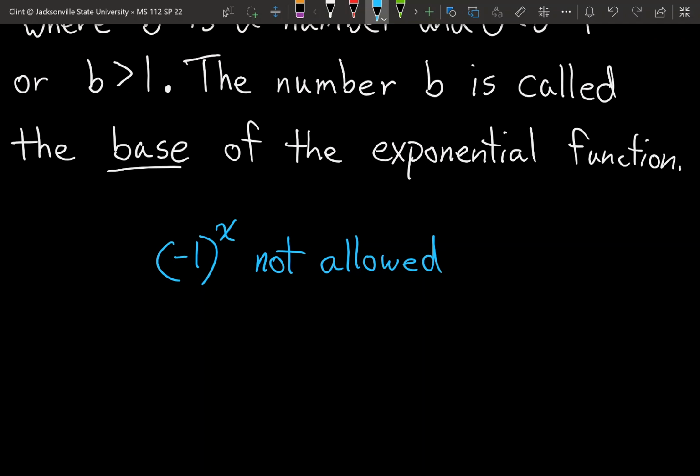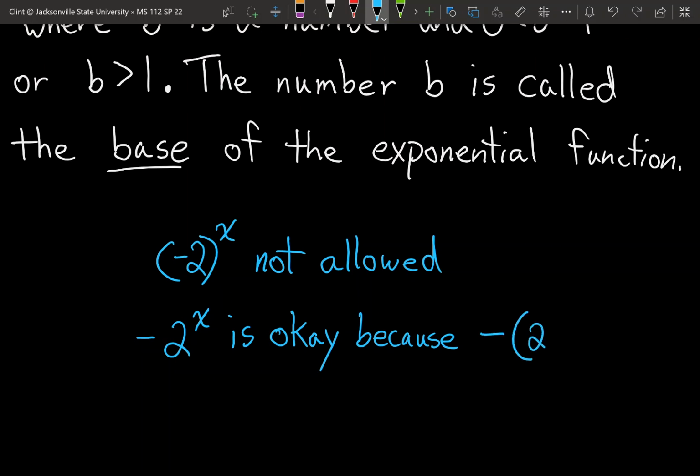But what you will see, 1's not a good choice, let me do 2. What you will see sometimes is this, and that's okay, because what that's really saying is we've got minus 2 to the x.